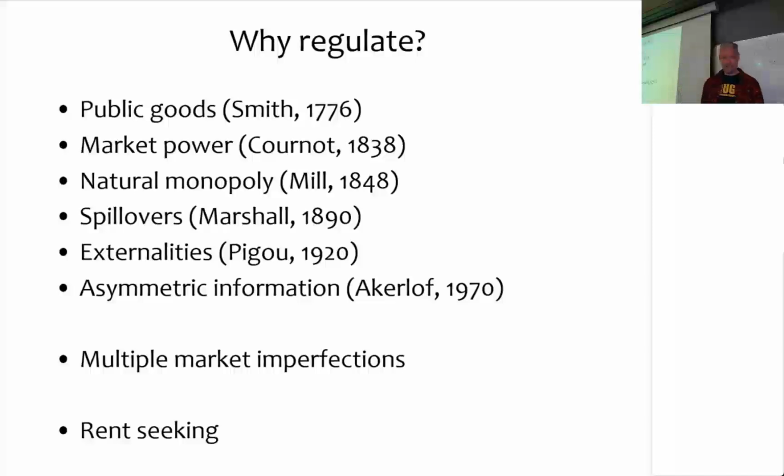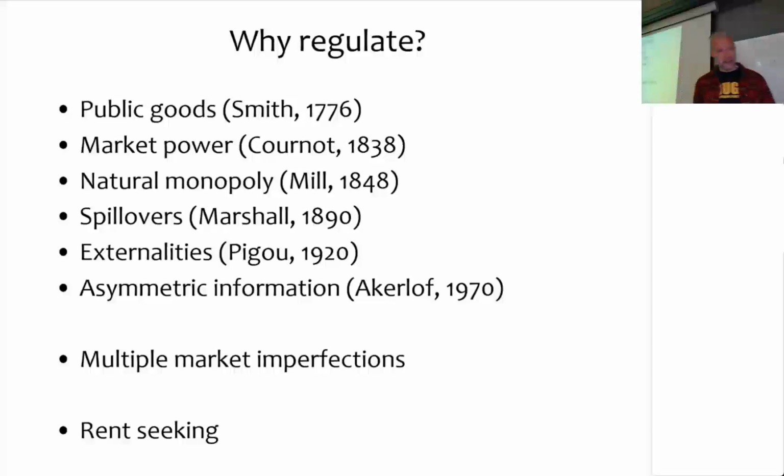Marshall in 1890 added spillovers, essentially agglomeration, public goods or externalities, depending on how you want to look at them, which means that certain things are under provided.